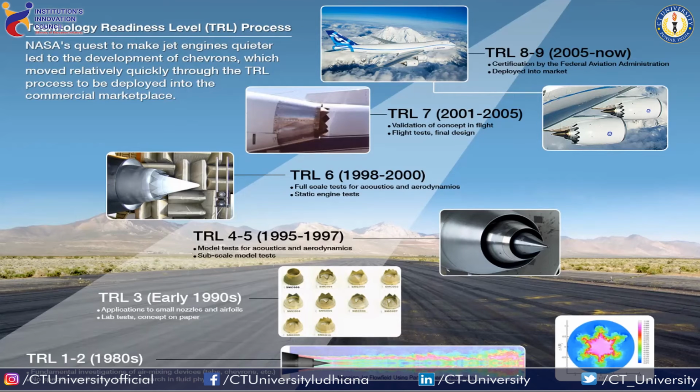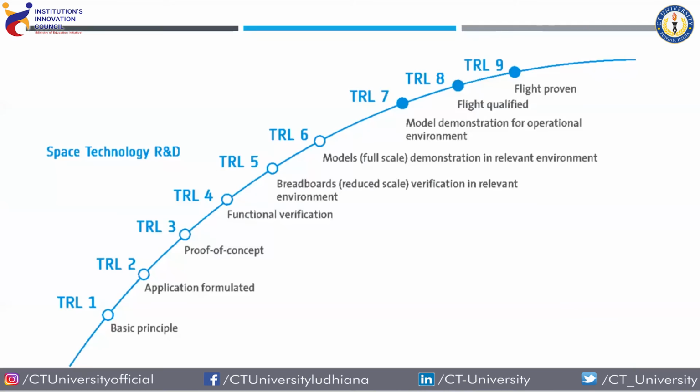And in TRL level 8 and 9, they fully deployed that system in aeroplanes and jet planes. And yes, it increased the performance, and it prevented the destruction of the engines while moving faster than the speed of sound. So this is the example of the TRL levels developed by NASA.